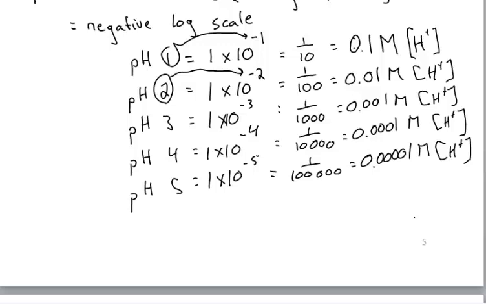Okay. Each jump in pH number, whether you're going up or down, is a 10 times difference.